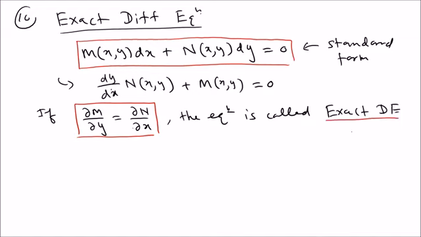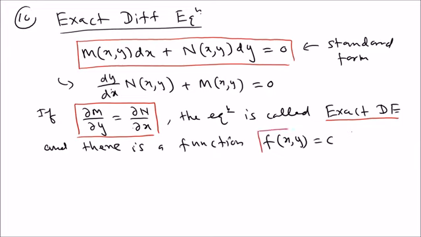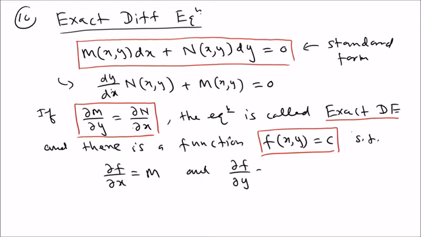In that case, what happens? There is a function f(x,y) equal to a constant, such that the partial derivative with respect to x equals the M function, and the partial derivative with respect to y equals the N function.